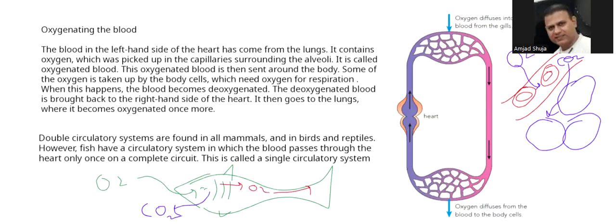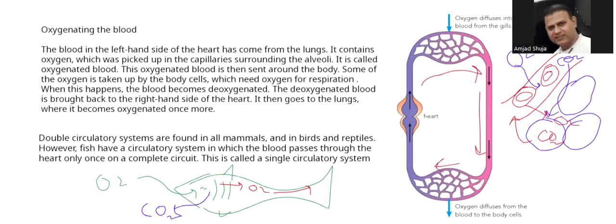But the important thing is that when this oxygenated blood reaches the cells, carbon dioxide enters the capillaries and oxygen comes out of the capillaries. So this oxygenated blood becomes deoxygenated and reaches the heart.